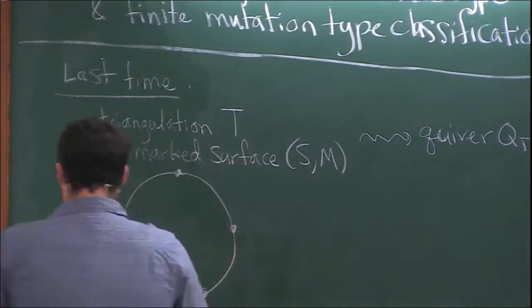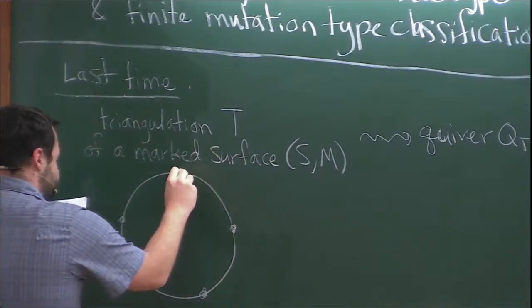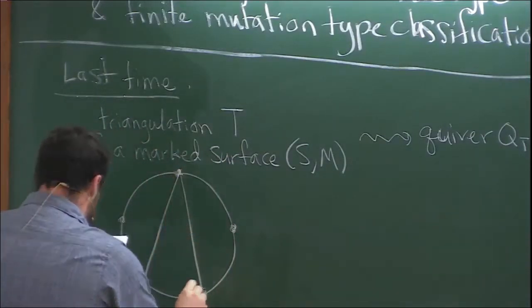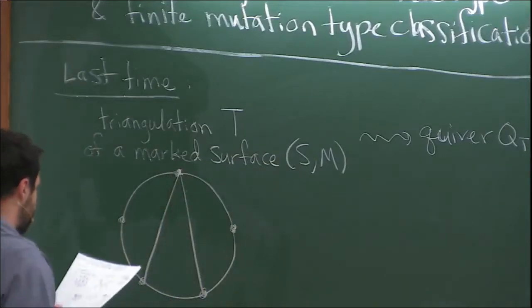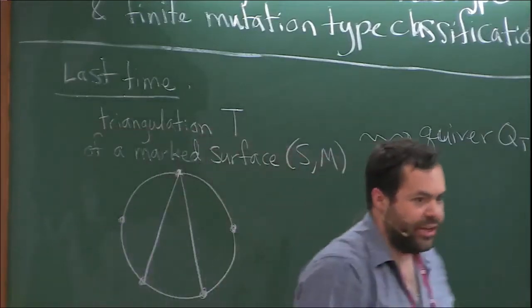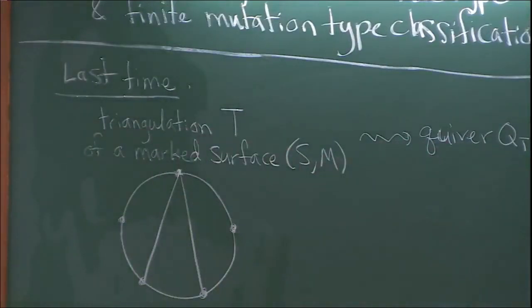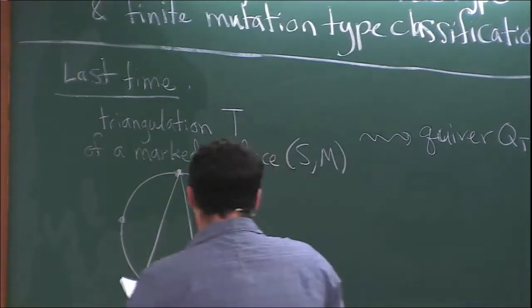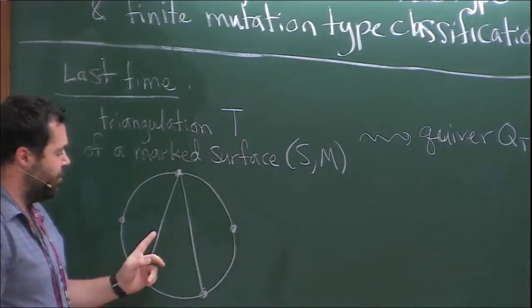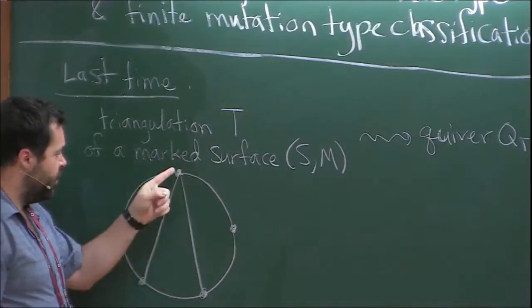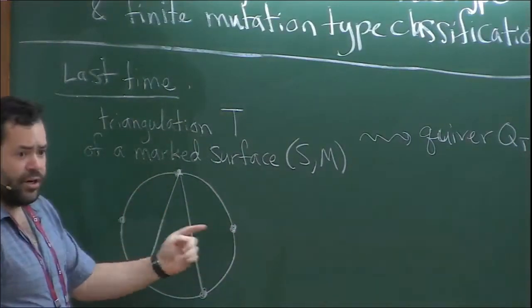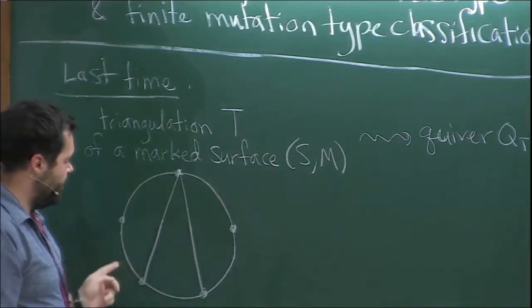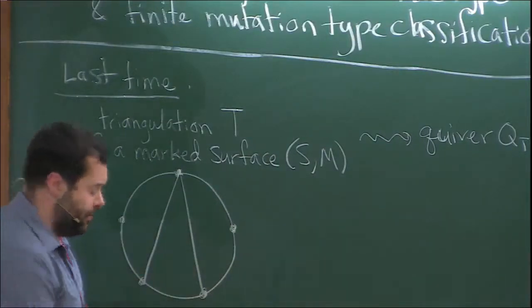So I'm going to triangulate this thing, okay? So here's a triangulation, okay? And what I want to do is get a quiver from this. So remember, to get a quiver, what I do is I want a mutable vertex for every arc that is not a boundary arc, and I want a frozen vertex for all the boundary arcs, okay?